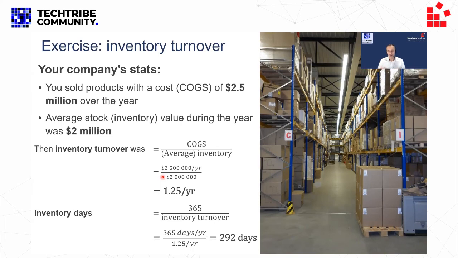It's called a stock out. That's a bad thing for any business: you have customers, you have orders, and you cannot deliver because you don't have product. So you don't want to manage inventory days down to zero. You want to manage it to the minimum level that is appropriate for your business.